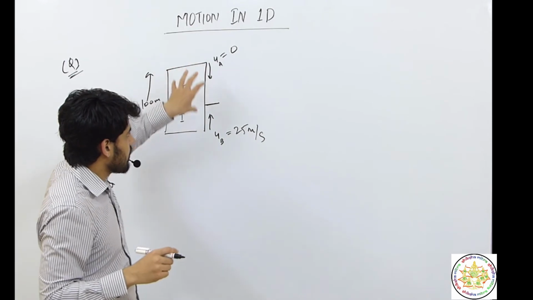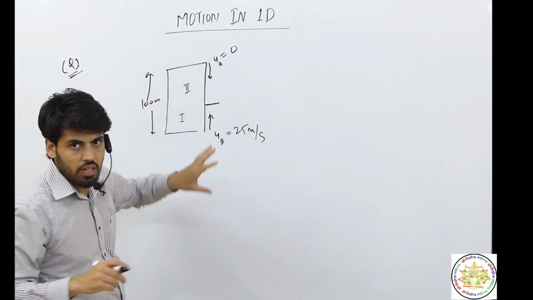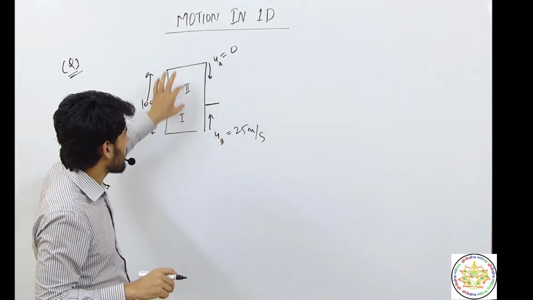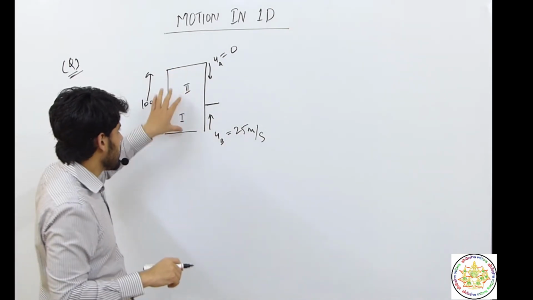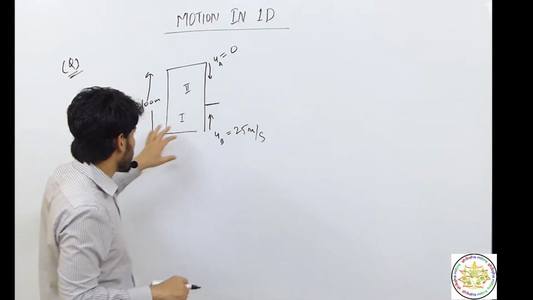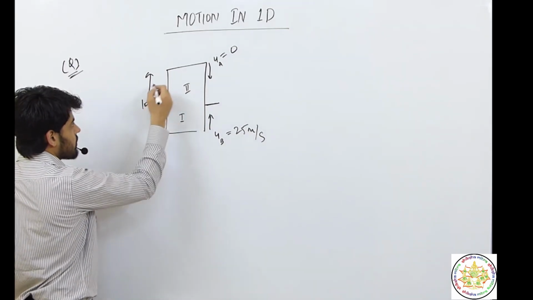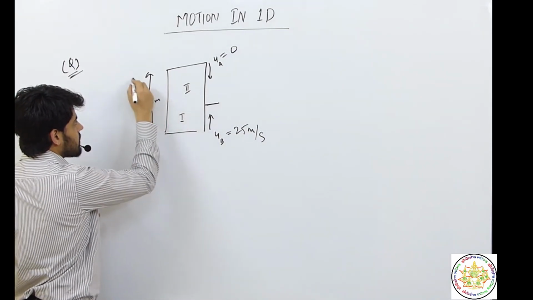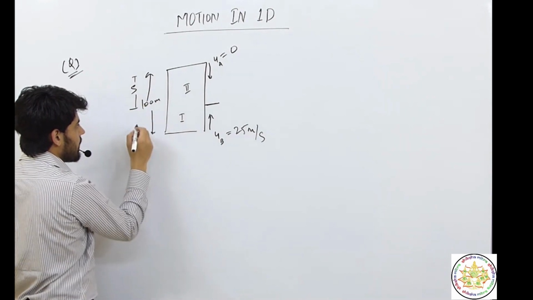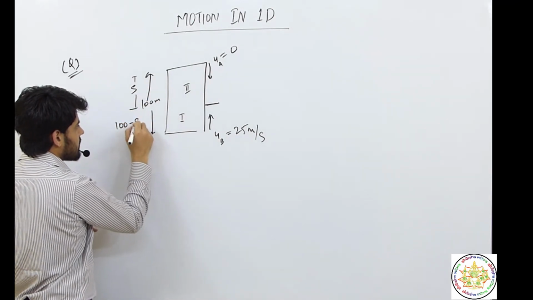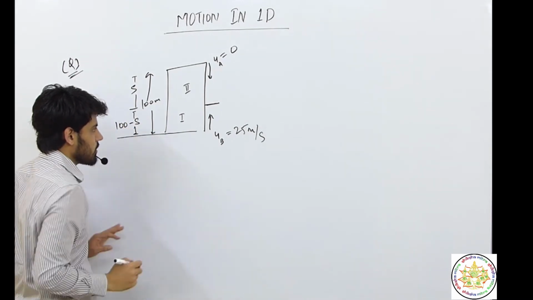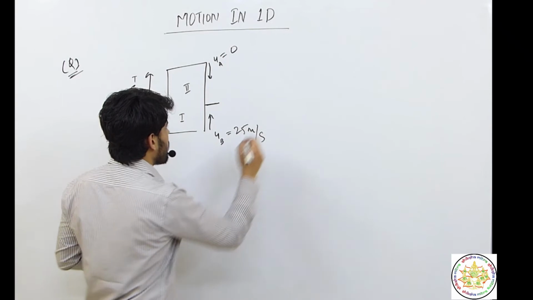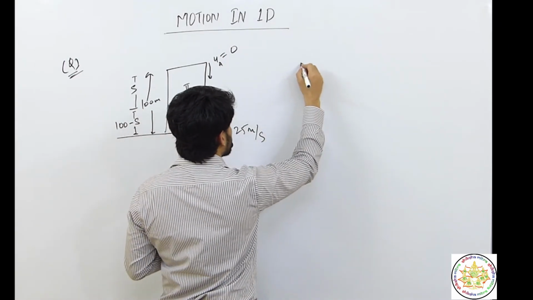One is dropped and one is thrown at the same time, so the time taken by ball A and ball B will be the same. So we will equate the time. First we will calculate the time. For the first case we will consider this as s, from here to the striking point, and the remaining distance will be 100 minus s.